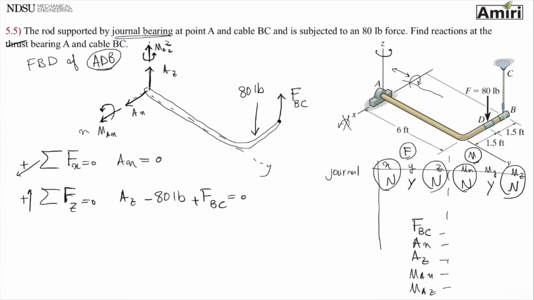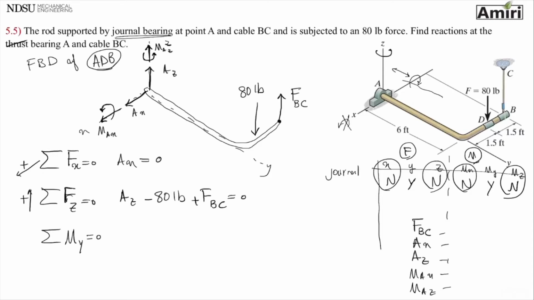So I'm going to get help from one of my moment equations. I can have moment about x, moment about y, moment about z. But let's see, what if I write summation of moments about axis y being 0? Anything that makes this whole free body diagram rotate about axis y.